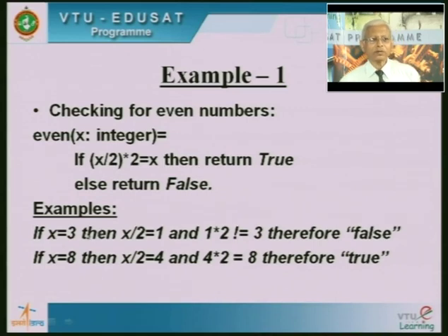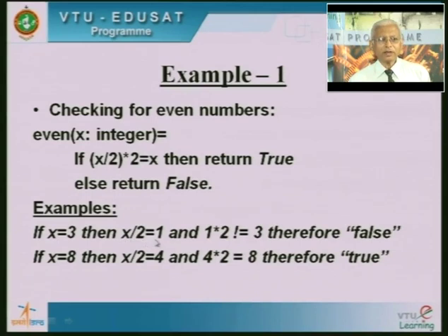For example, if you take 3, you know that it is not even. When you do x by 2, it is integer division, 3 by 2 will be 1, multiplied by 2 it is 2, it is not equal to 3, therefore 3 is not an even number, false.